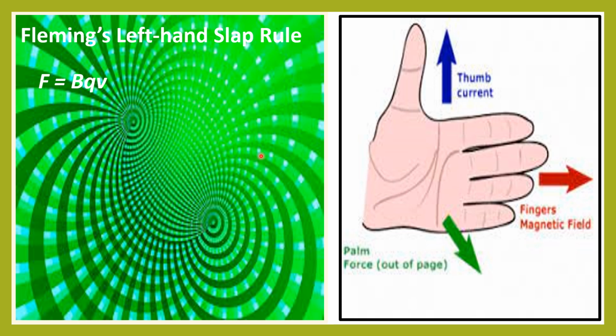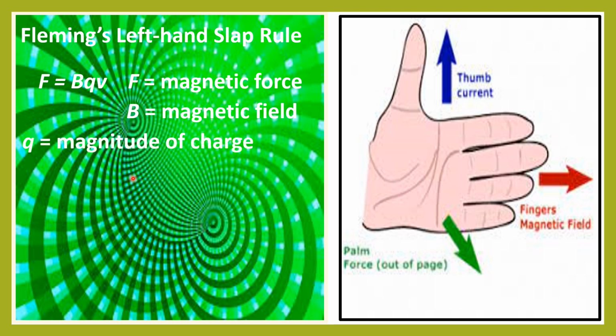This is a technique that is based on the formula for determining the magnetic force, F equals BqV, where F represents the magnetic force, capital B represents the magnetic field, which is assumed to be an external magnetic field, and small letter q represents the magnitude of the moving charge, and of course small letter v represents the velocity of the charge.